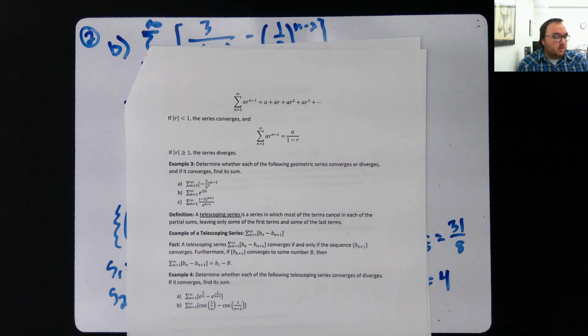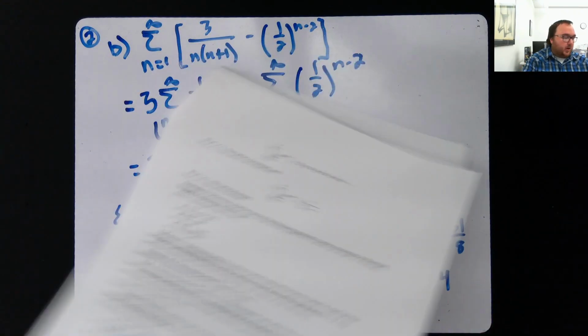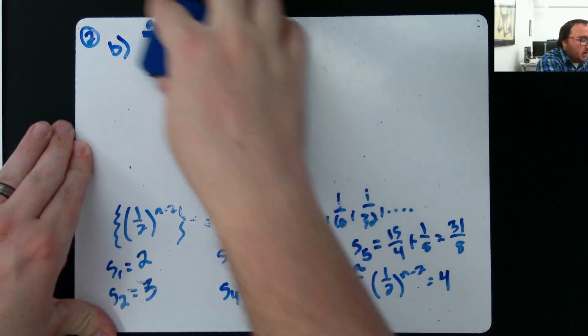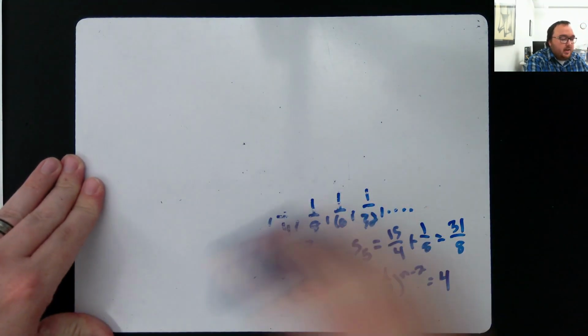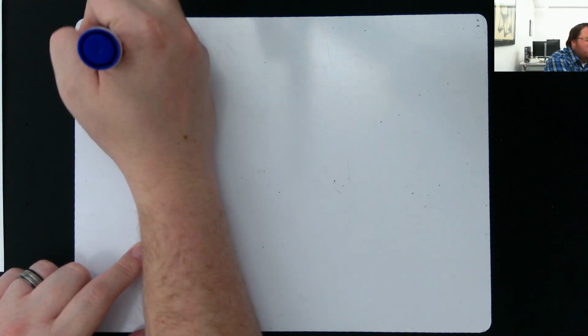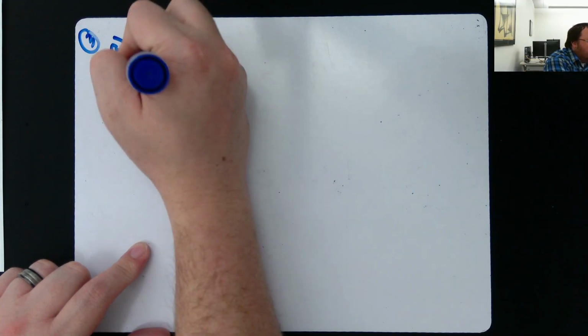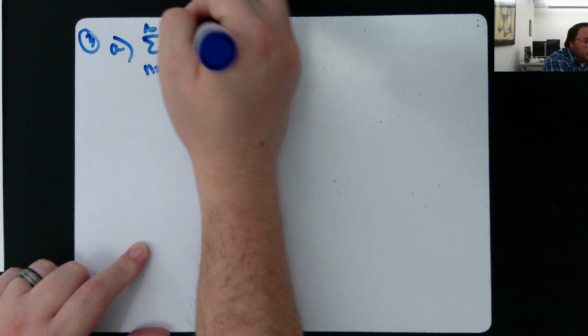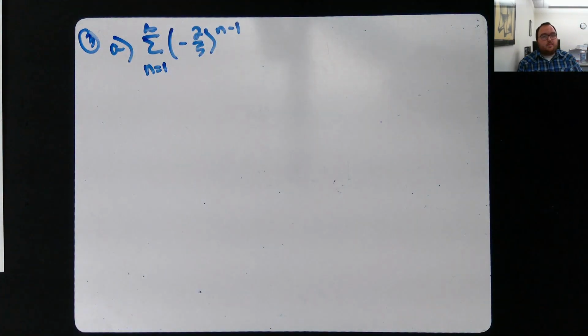Okay, so let's use that fact. Example number 3. I'm going to determine if each of these converges, and if it does, find what the sum is. It's the sum from n equals 1 to infinity of negative 2/5 to the n minus 1.